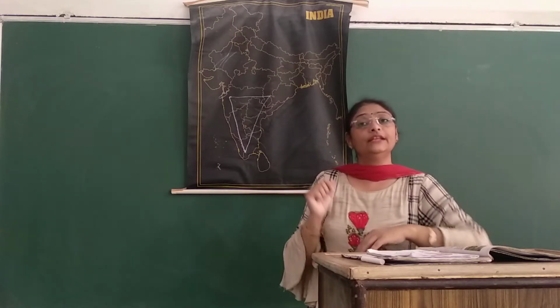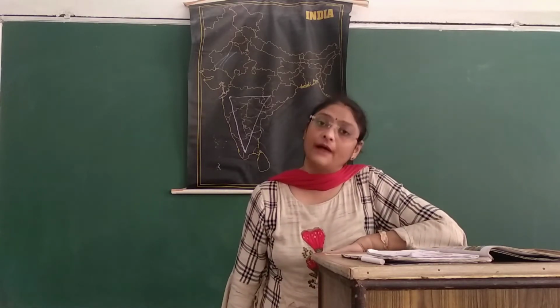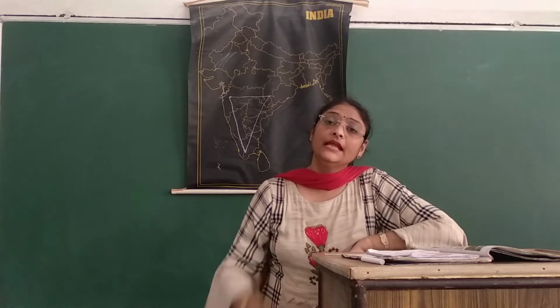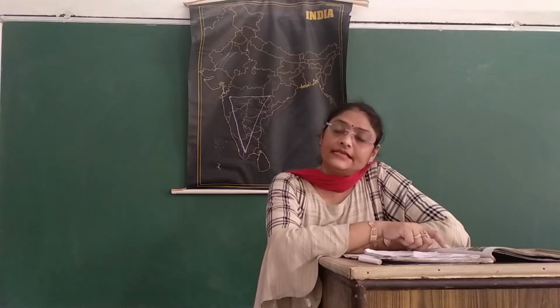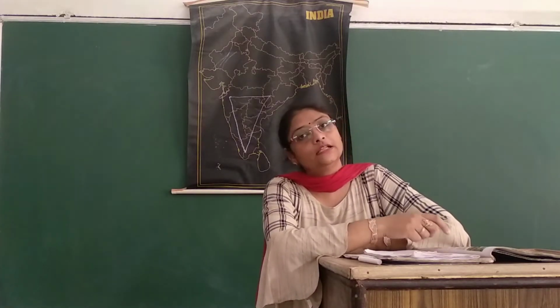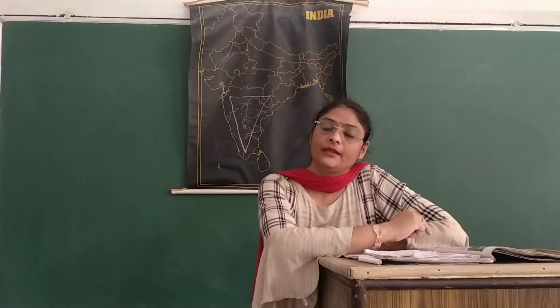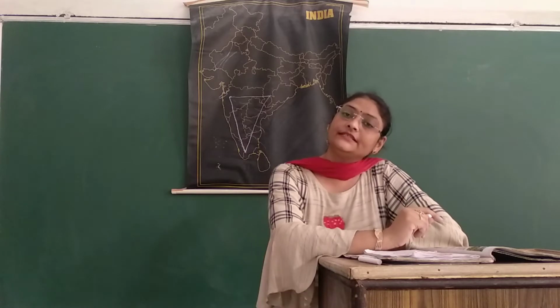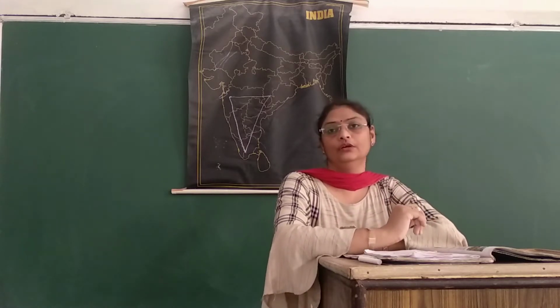Another feature of the Indian desert is Barchans. Barchans means crescent shaped sand dunes. These are also part of sand dunes, but the shape of these sand dunes looks like a half moon.